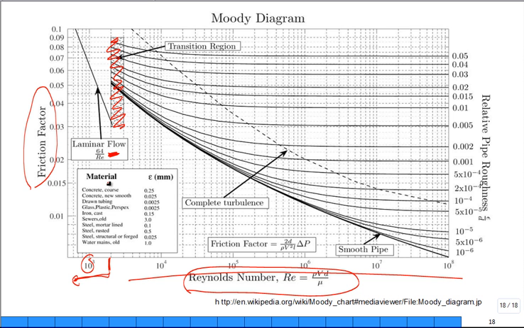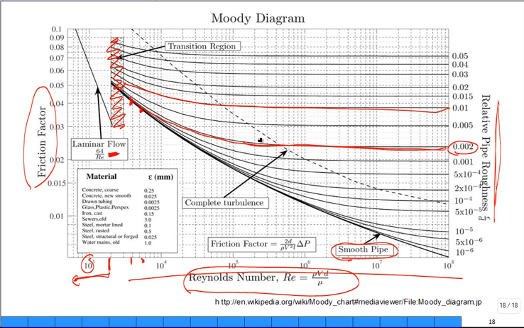But somehow, if you're at this Reynolds number, that Reynolds number, you're clearly turbulent. It depends now on whether you're in a very smooth pipe or if you have some relative pipe roughness. So this is a curve of constant relative roughness. This is a curve of an even rougher pipe, etc.